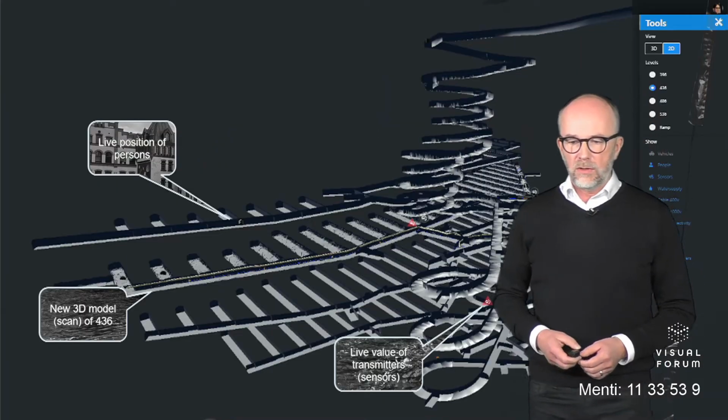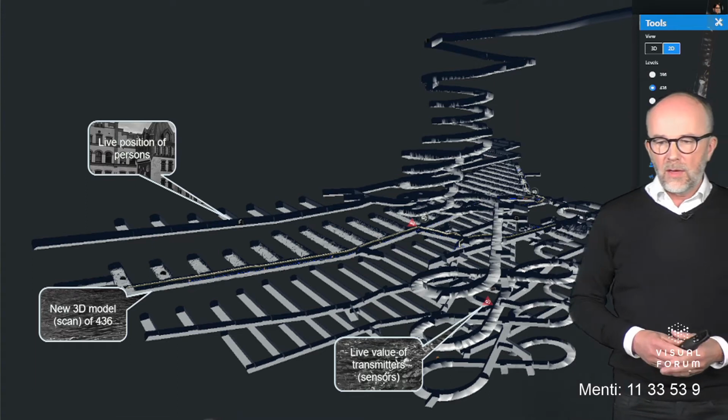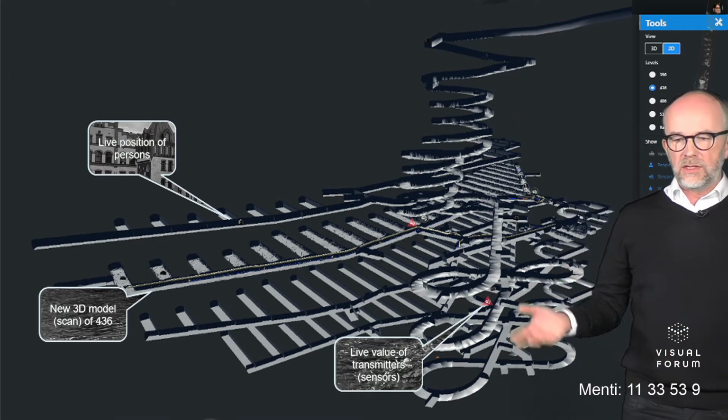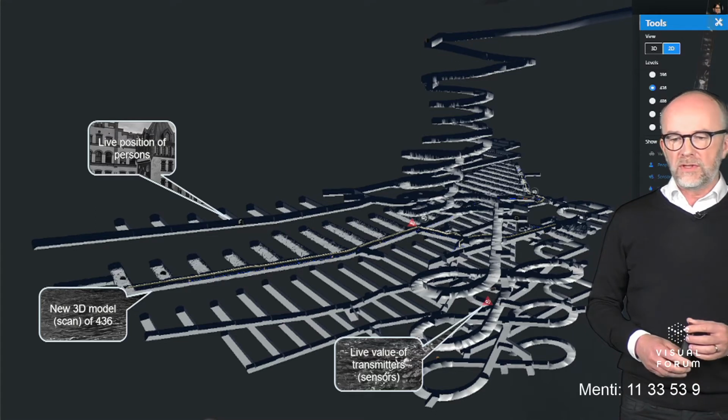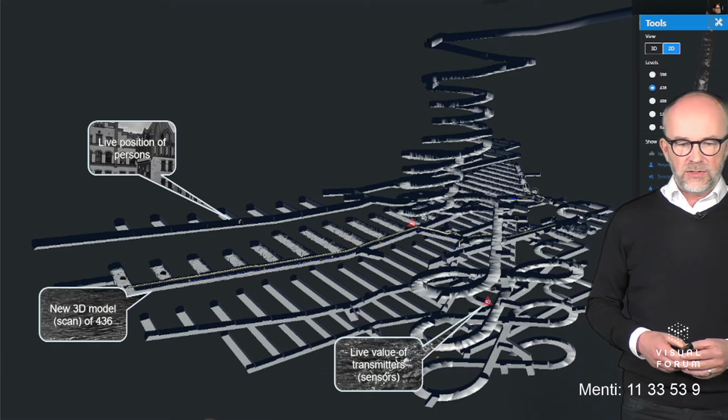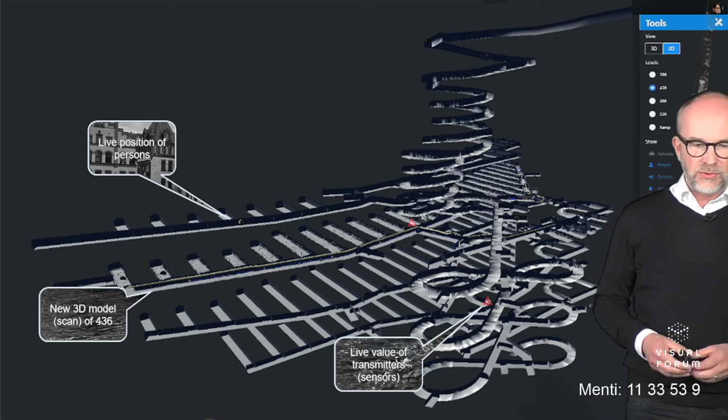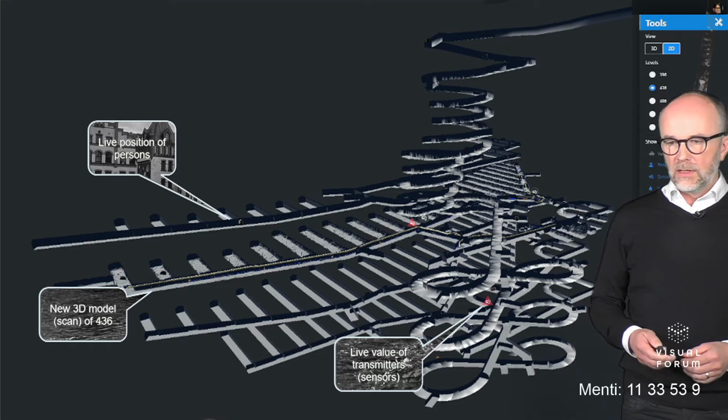I will go on, and the ability now is to create a digitized model of the mine where we put all the sensor data to be able to visualize where people are positioned, where new sensors are positioned, and so on.